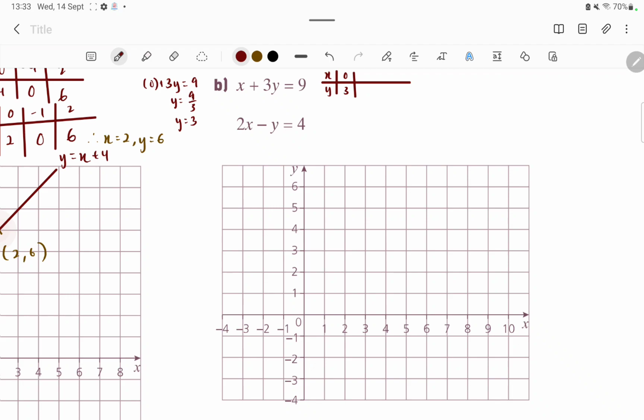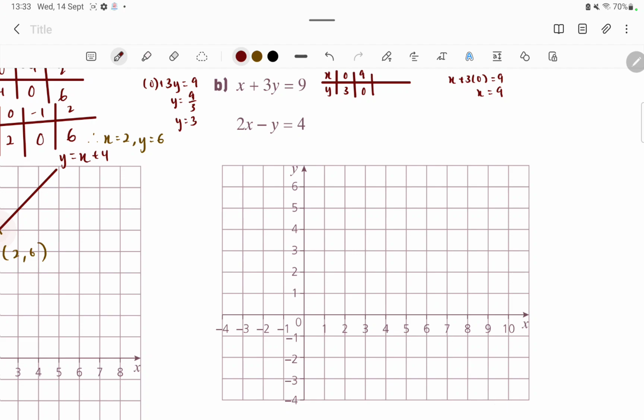And then when y equals to 0, let's see, x plus 3 times 0 equals to 9. So x equals to 9. Okay, and then let's try one more point.